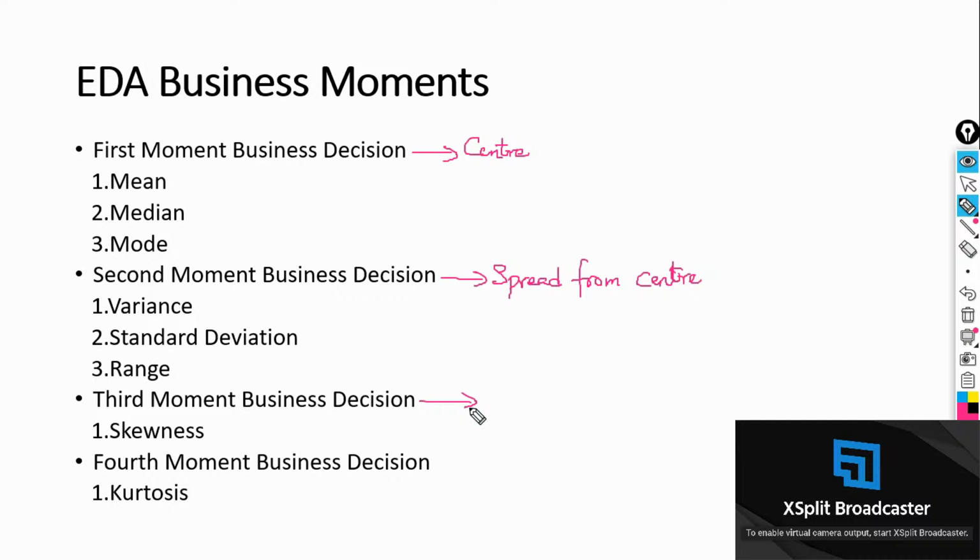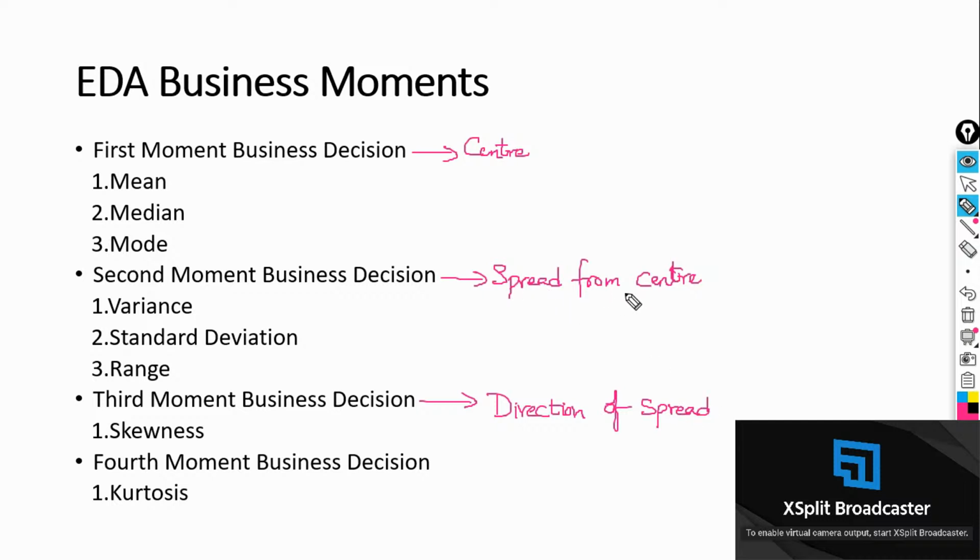What does this third moment business decision measure? The third moment business decision measures the direction of spread. Direction of spread.